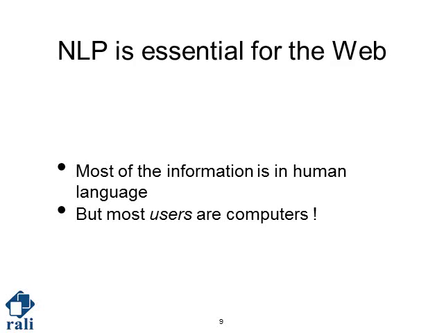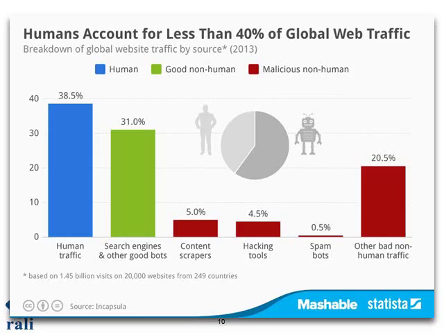But in fact, humans are not the main clients for the web. I don't know if you know that, but it seems that humans account for less than 40% of the web traffic.